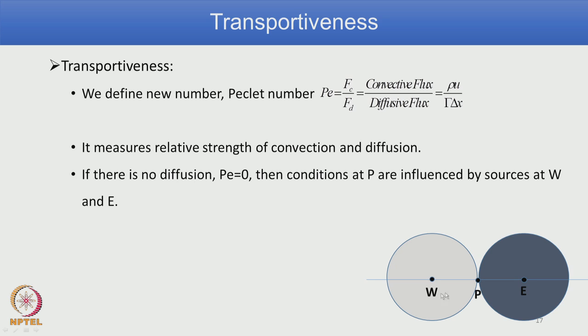If there is no diffusion, then the variable value or the flux at P is completely influenced by W and E, that is, with equal weightage. Now, this is the direction of the flow.